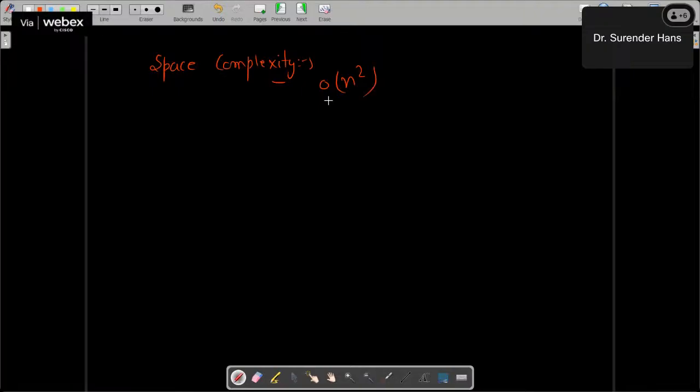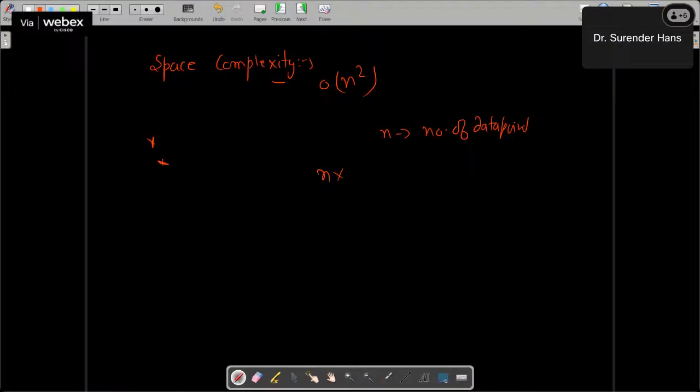Because here n is the number of data points, that is the reason for the square. So we calculated the distance from one data point to all the data points. Okay, so n number of data points, and then we calculated the distance.